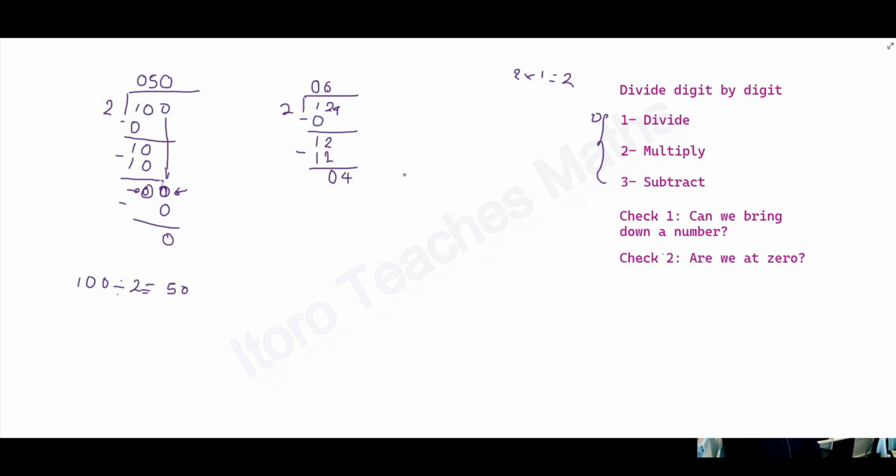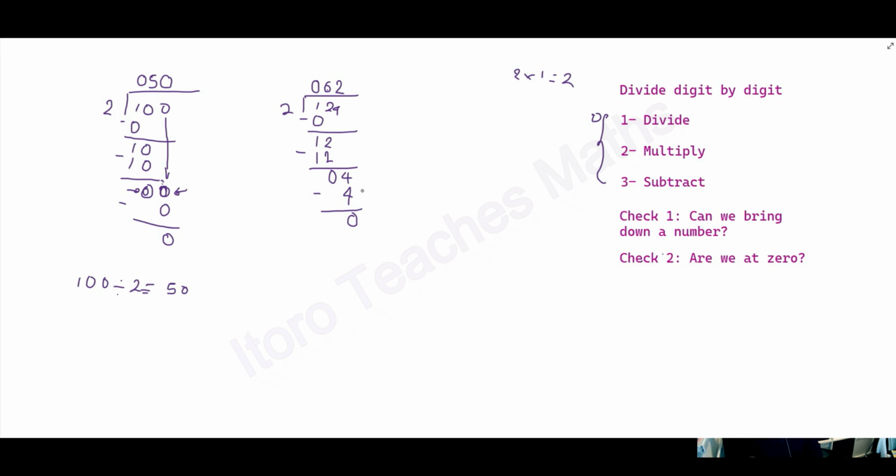We do the divide. Okay, 4 divided by 2 is 2. So we put the 2 here on the end. And then we do the multiply. The number we just wrote down, that 2, multiplied by the number on the outside. So 2 times 2 is 4. We write the 4 here. We do the subtract. That's the third step. 4 minus 4 is 0. Now we do our check. Can we bring down the number?